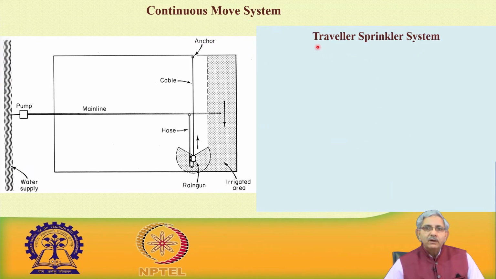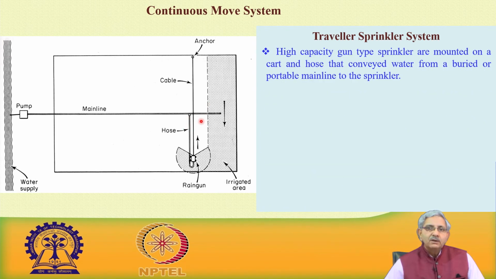Then the traveler sprinkler system, this is another kind. This is the source of water, there is a pumping plant, this is the main line, and you can see here how the cable and hose are connected, and how the system operates.